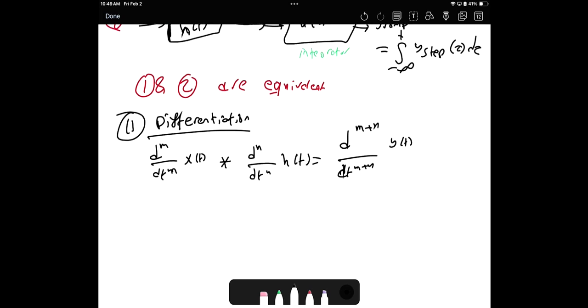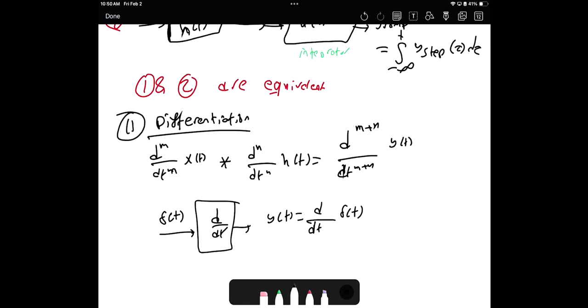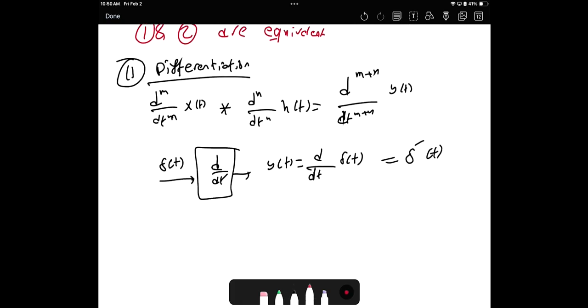As a result, when we have delta of t and we apply the derivative d by dt of delta of t, y of t equals the time derivative d by dt of delta of t, which is something we call delta bar.